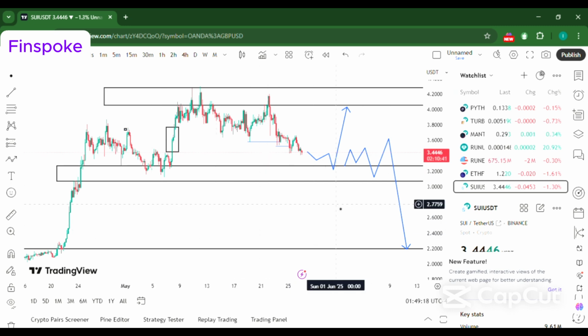But then there is something I want you to also have at the back of your mind. This is a crypto asset. This is SUI USDT. So you are going to watch the movement of Bitcoin and Ethereum, because if Bitcoin is pumping, the tendency of this price not coming to fill this imbalance immediately is always there.